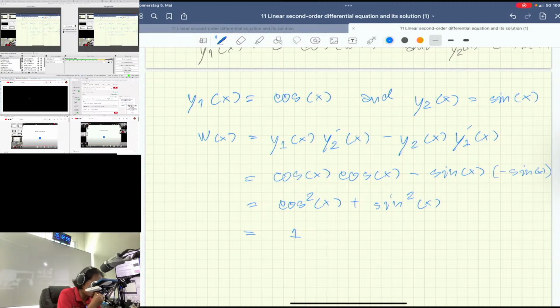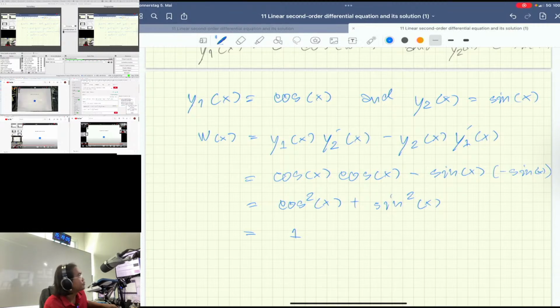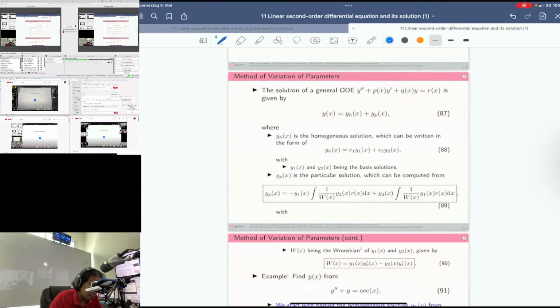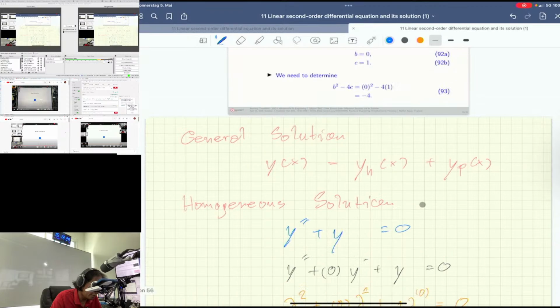All right. The Wronskian is number 1, which is easy for us. We are lucky. We get the Wronskian as number 1. And now let's move to the typical formula for yp.